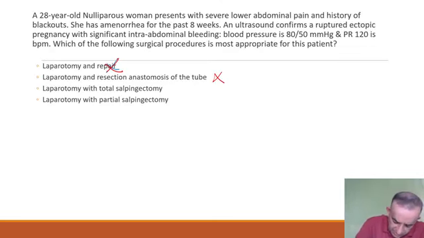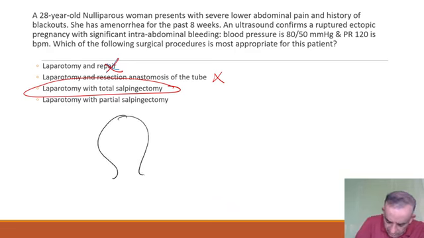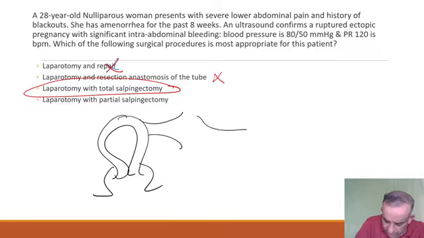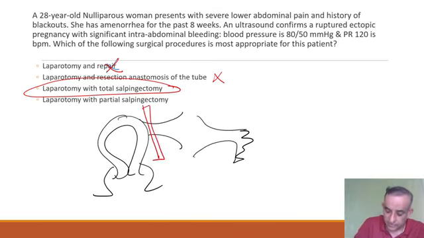Laparotomy with a total salpingectomy, laparotomy with a partial salpingectomy. What is the choice? It's always total salpingectomy. If the tube is ruptured, we all understand that it is worth only the dustbin, nothing else. So you're going to put a clamp here, you're going to put a clamp here and throw the tube in the dustbin. There is nothing called a partial salpingectomy, and if somebody is doing it, that person is going to get sued.